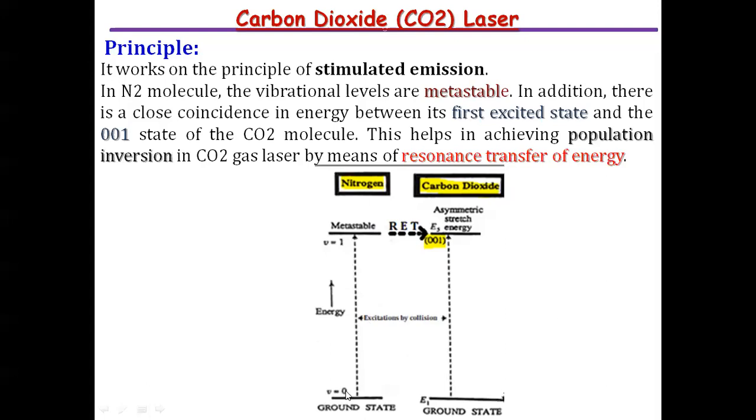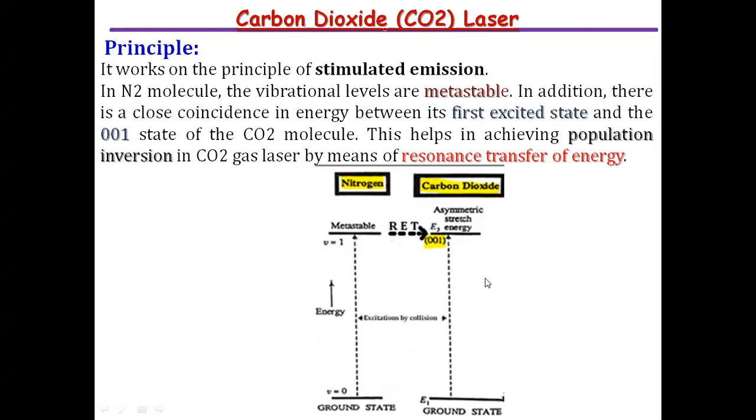Just keep it in your mind. This first excited state of nitrogen molecule is a metastable state, whereas in the carbon dioxide we don't have any metastable state. Therefore, to achieve population inversion, I hope you remember, we require a metastable state. Thus we mix this nitrogen molecule with carbon dioxide.